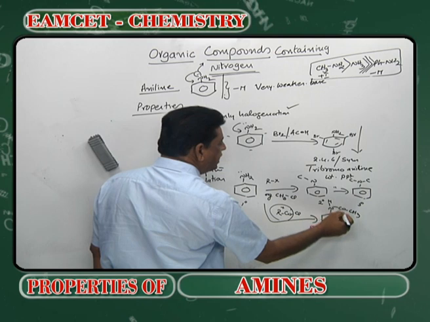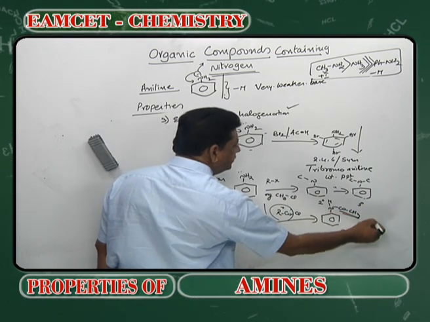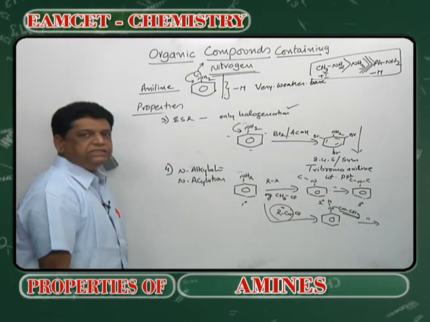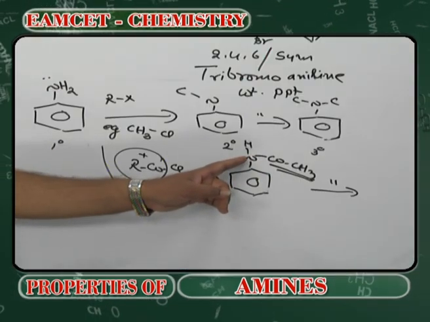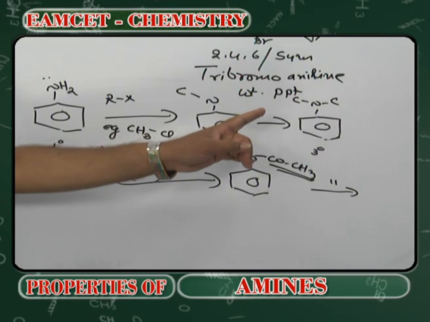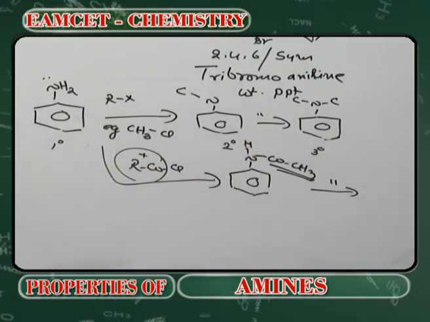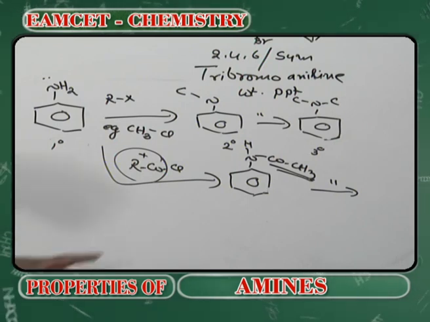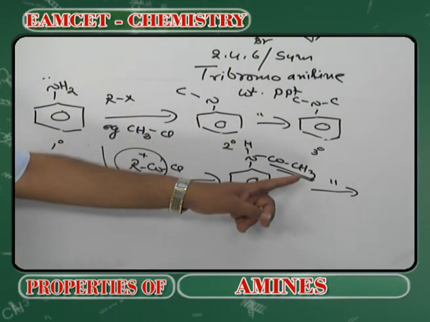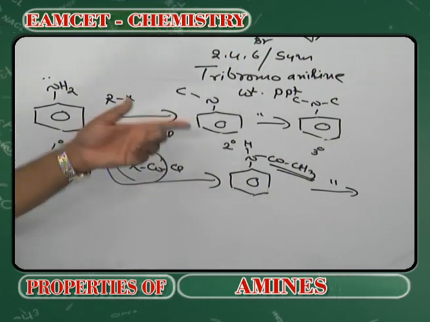However, only one acylation takes place. Subsequent acylation is not successful, because once the CO group enters, the lone pair is also withdrawn by the CO and it becomes less active. Steric hindrance is also one of the reasons. So if you do acetylation, you get only the N-acetylated product, not the N-diacetylated.